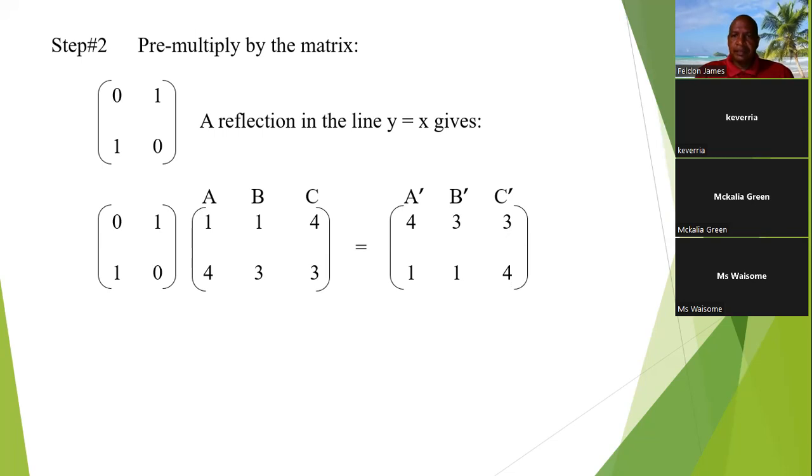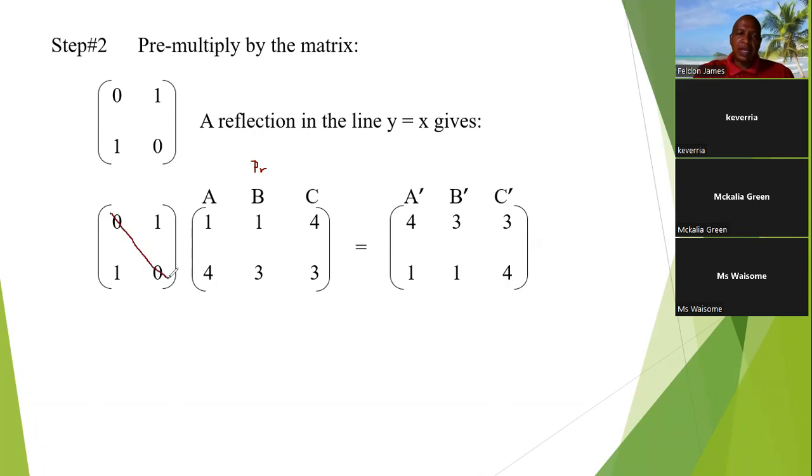Guys? All right, let me highlight that. So this is our pre-image, and this is our reflection in the line y equals x. This is the transformation matrix we are multiplying by.